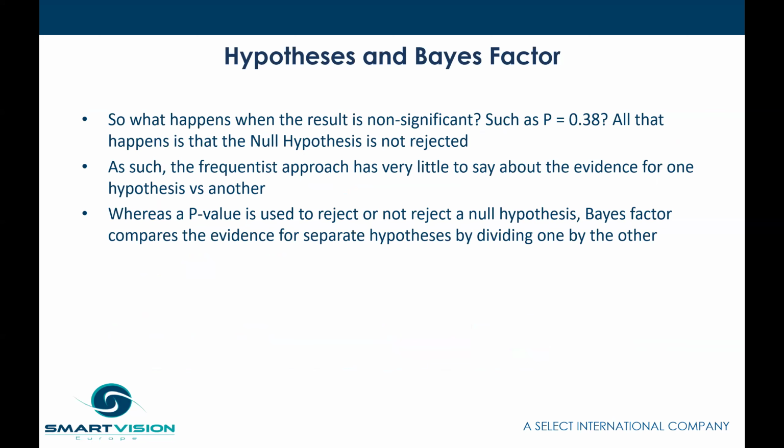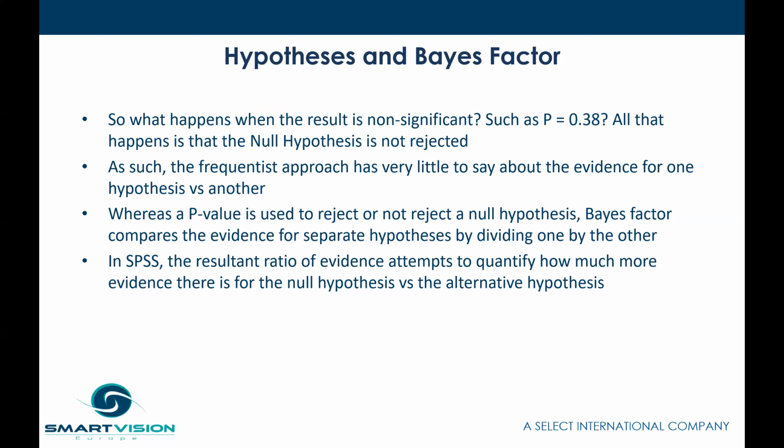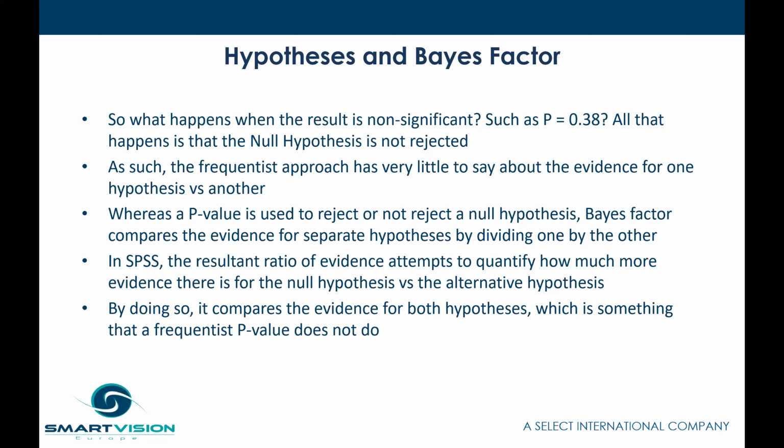Whereas a p-value is used to reject or not reject a null hypothesis, Bayes factor compares the weight of evidence for the separate hypotheses by dividing one by the other.